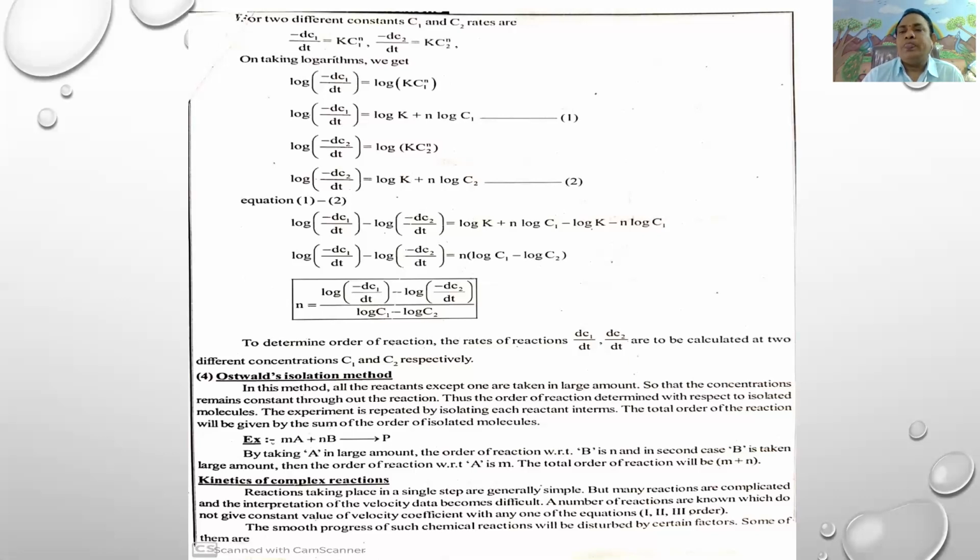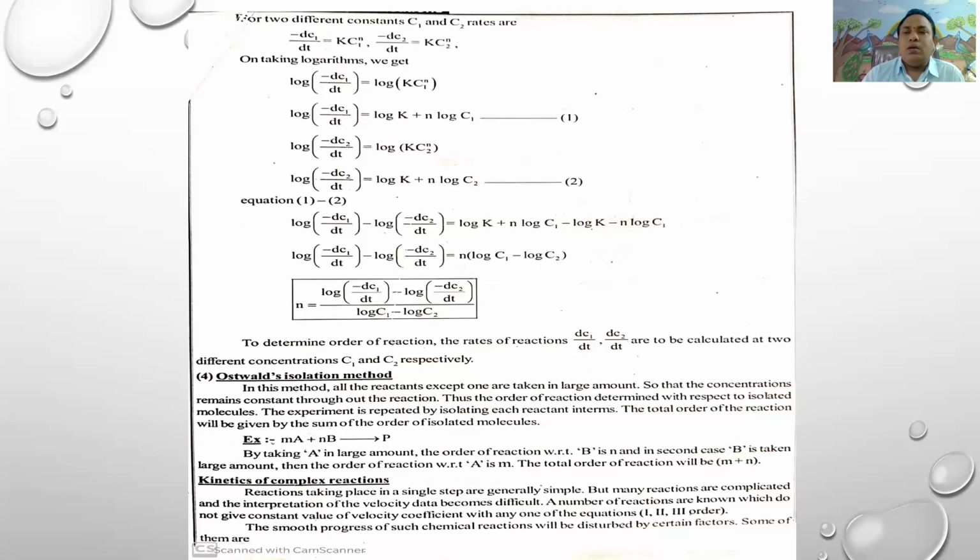For example, A plus B plus C gives products. In the first step, A is isolated, meaning A is taken in very small or minimum quantity. The rest of the reactants, B and C, are taken in large quantity.